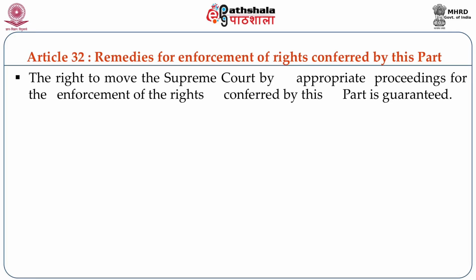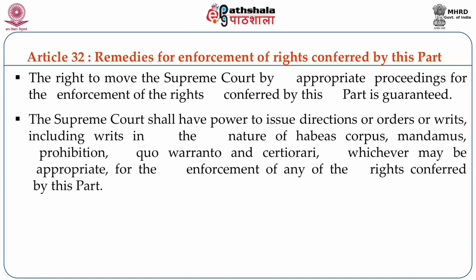The Constitution states that if a person's fundamental rights are violated, such individual or group of persons may approach the Supreme Court for redressal. Clause 2 states that a person may approach the Supreme Court under its writ jurisdiction. There are 5 types of writs which the Supreme Court may pass.